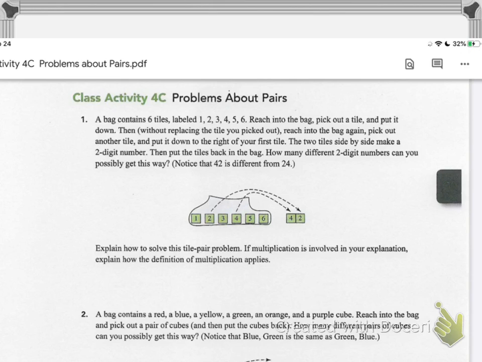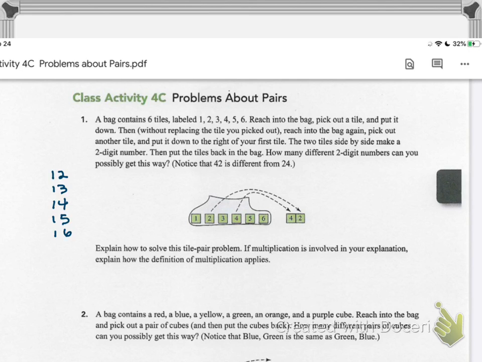So if you want to just go around and list possibilities, that's one way to understand how many possibilities you have. For example, if we pick a 1, then my next number could be a 2, it could be a 3, a 4, a 5, or a 6.